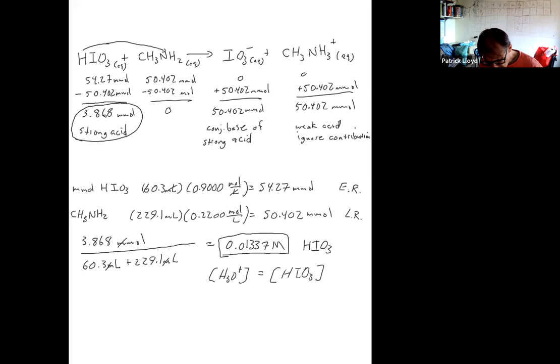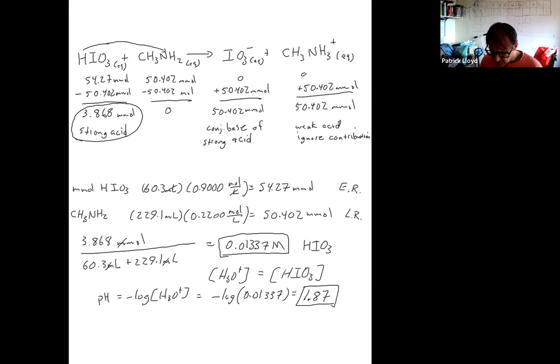Okay, so that means we can calculate pH. A little more than 0.01. 0.01 would give us a pH of 2, so it's going to be a little bit under 2. 1.87, with 2 decimal places.